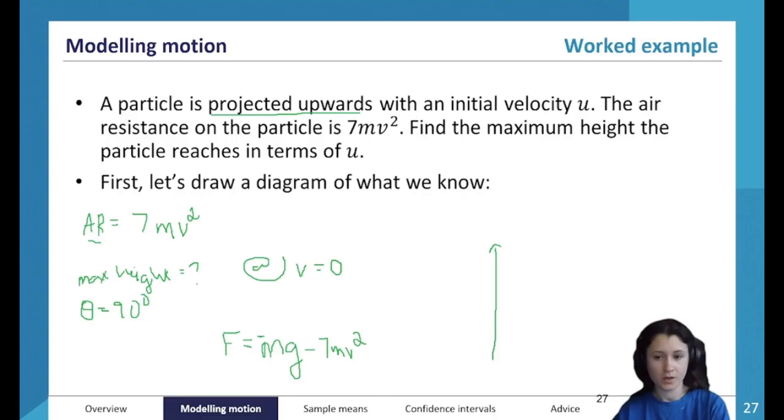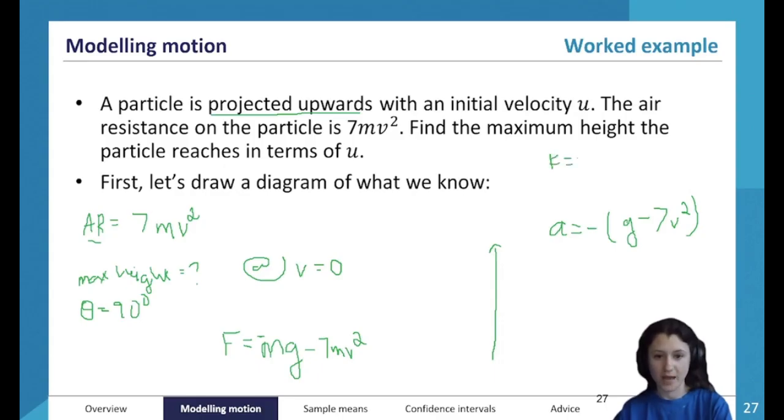The next thing we can figure out is the acceleration, because we know that the acceleration will be negative g take 7v squared. How do we know that? Think about it like this.